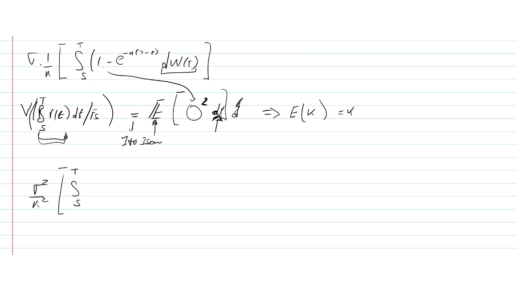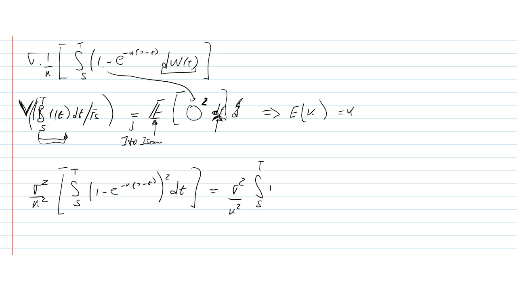So we have first term, going to write it down, squared dt. This is the application of the isometry to calculate the variance. We can solve for this, and this is just a lot of algebra.